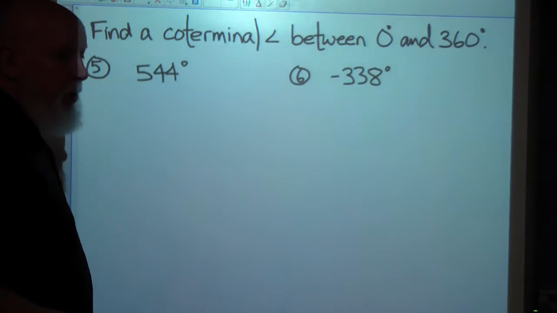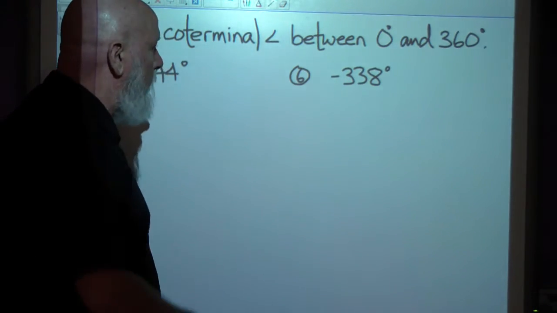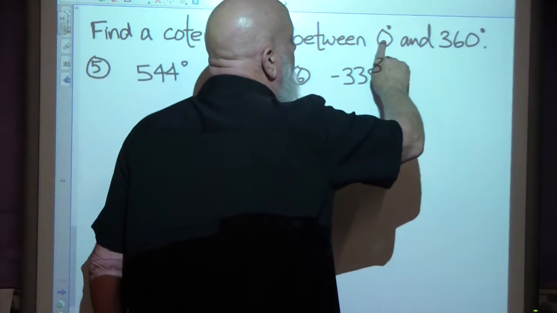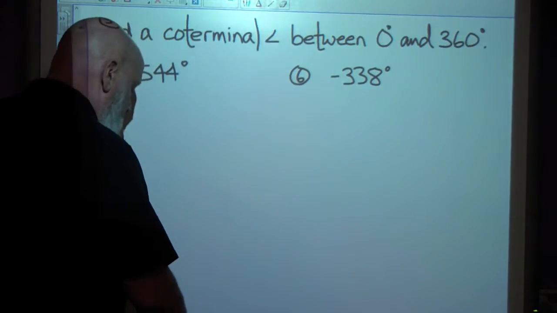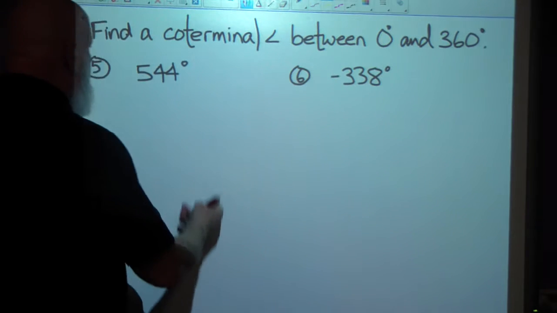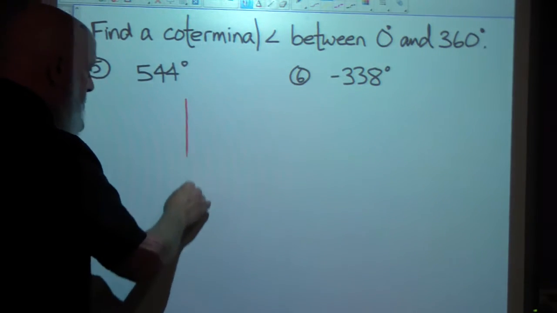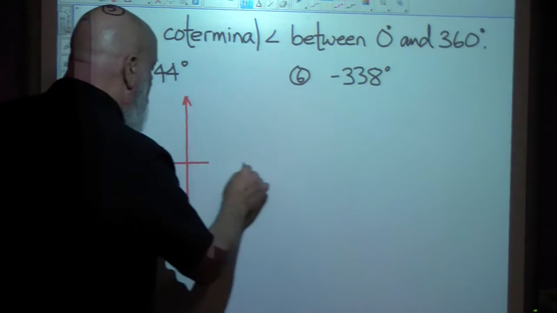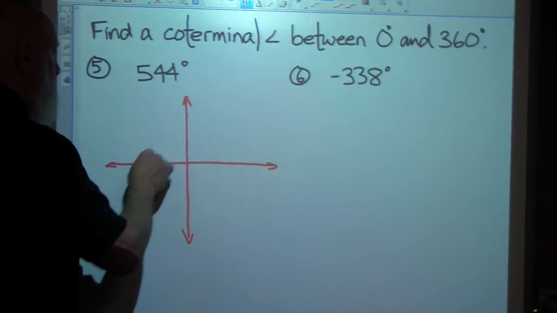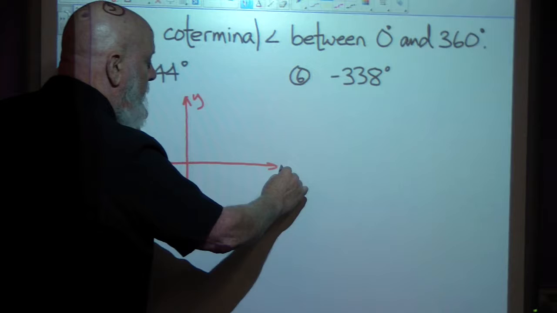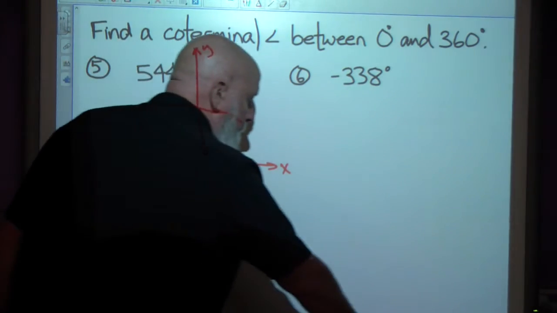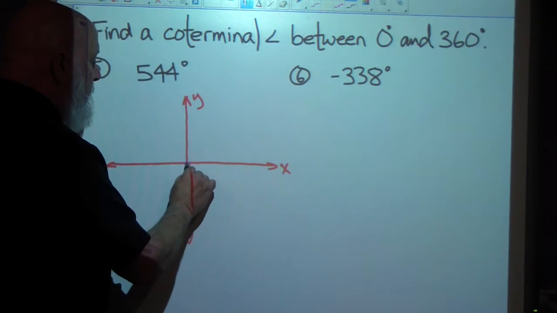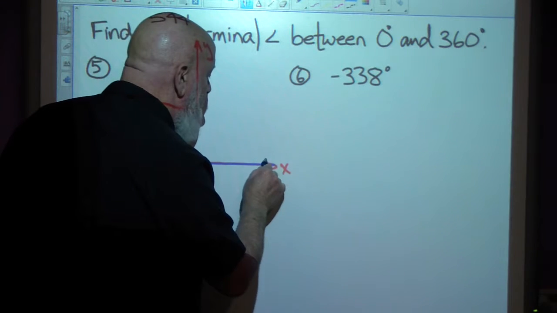There are an infinite number of coterminal angles for any given angle. We want one that's limited to between 0 and 360 degrees. So here we go. Let's take a look at what 544 looks like. If we were to rotate 544 degrees, our initial side is the positive x-axis.